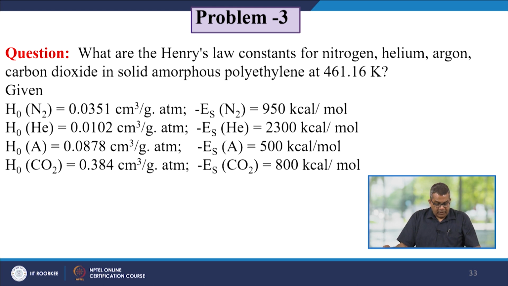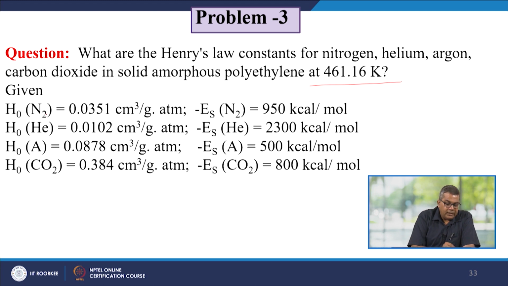Now, let us take up another problem, that is you need to calculate the Henry's law constant for nitrogen, helium, argon, carbon dioxide in solid amorphous polyethylene at 461.16 Kelvin.